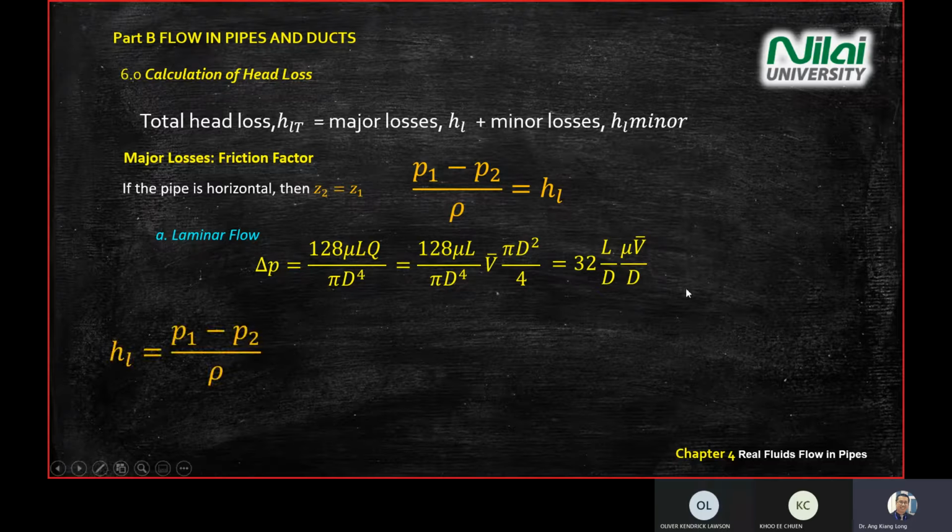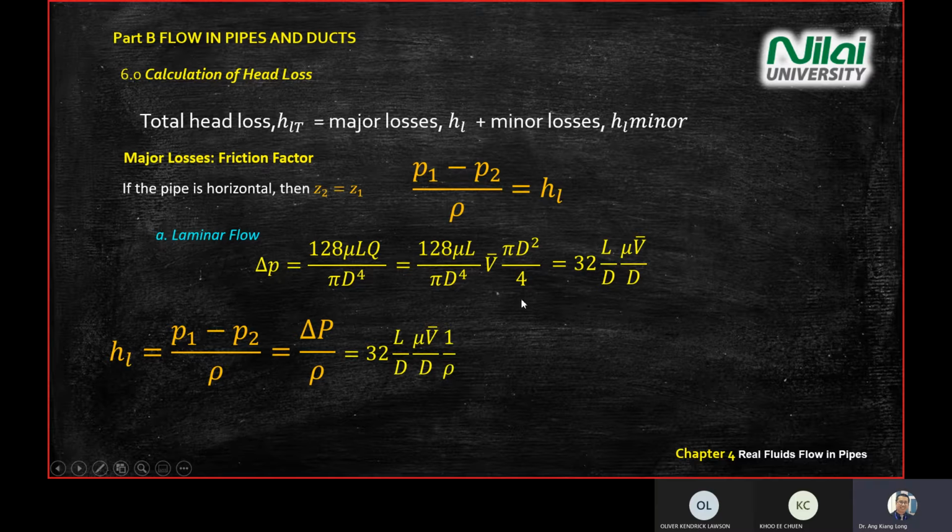So what is the equation for HL? From the equation just now, P1 minus P2 divided by rho is equal to your major head loss, HL. So you substitute this equation into here. P1 minus P2 is equal to delta P. You substitute either of these three forms into this equation.